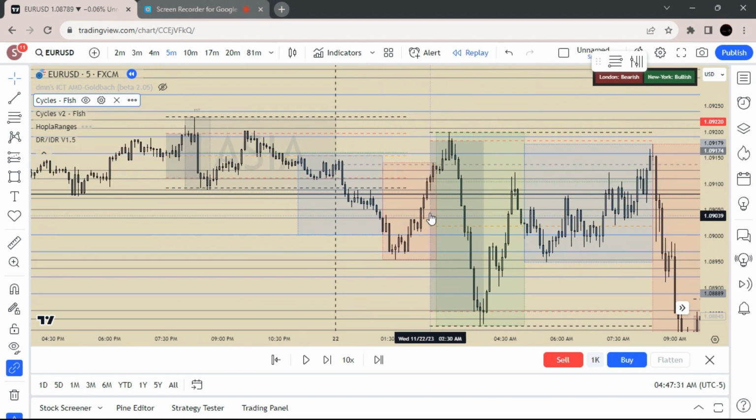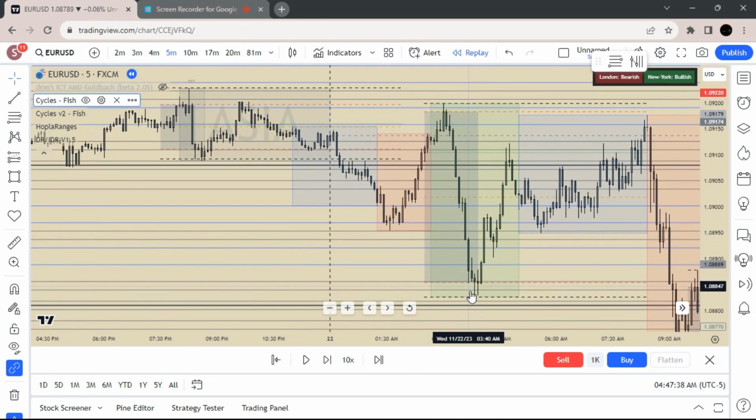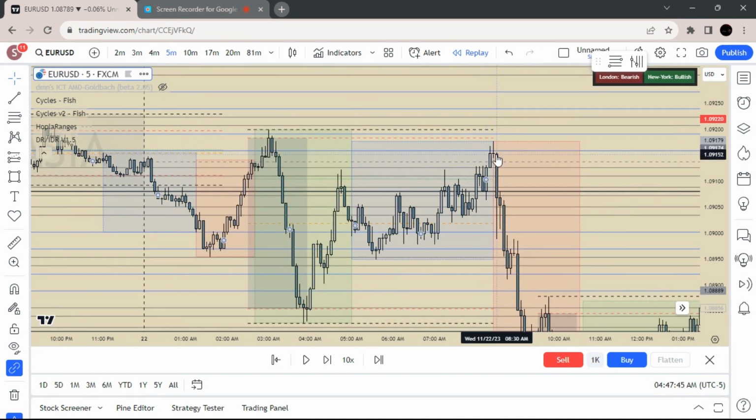Here, same thing, nothing in the manipulation cycle. 330s right here. So you have that Tuesday low right here, or Wednesday, I guess, Wednesday low.